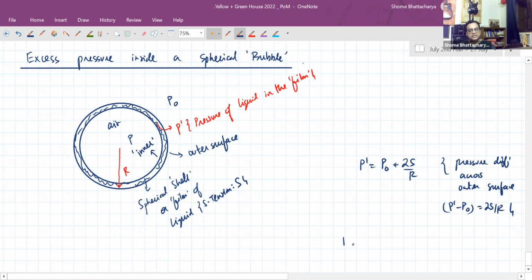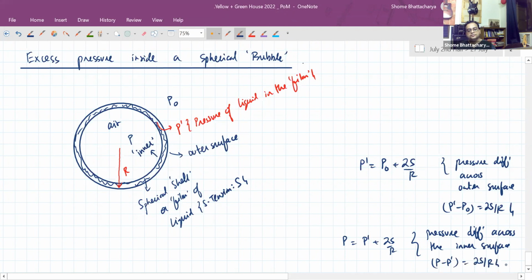And the pressure of the air inside, that is P prime plus 2S by R again. Because again, the pressure difference across the inner surface, that is P minus P prime, that's also equal to 2S by R. Actually, the inner surface's radius is slightly smaller than the outer surface's radius, but we're taking both.